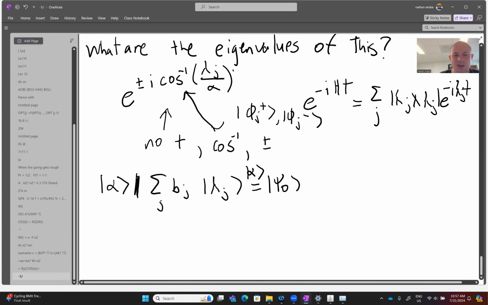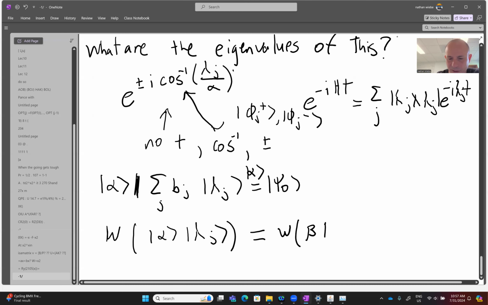So if that's what we end up getting, then W acting on one of these terms in the sum, alpha lambda j over here, will be equal to some expansion coefficient beta, phi j plus, plus gamma phi j minus, for arbitrary expansion coefficients beta and gamma.